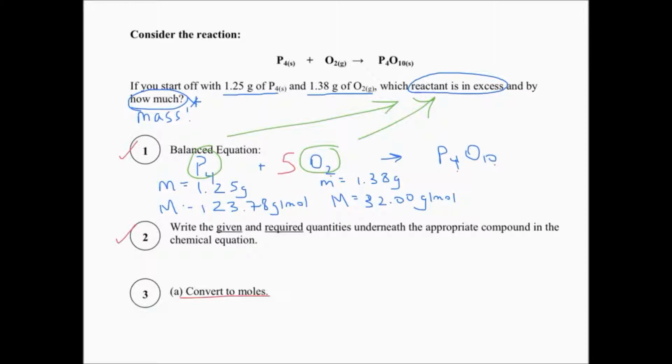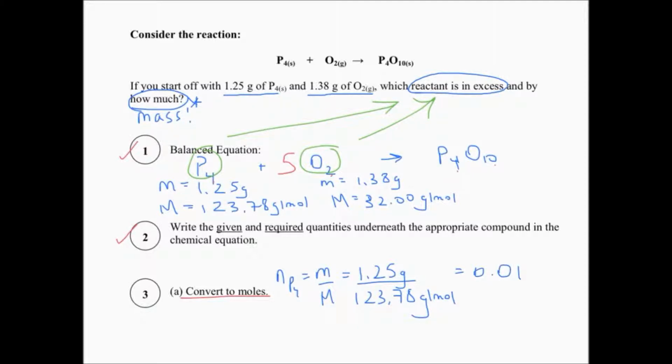To find the moles of P4, I'm going to take mass over molar mass, which is 1.25 grams divided by 123.78 grams per mole, and this will give me a value of 0.01010 moles.